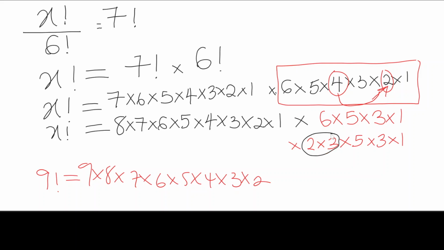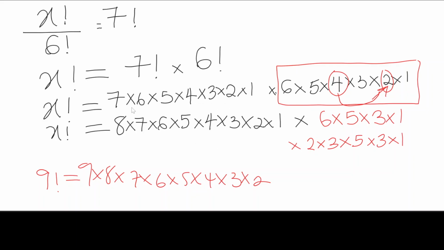So I split 6 into 2 times 3. After splitting, take note of something. We can get 3 times 3 to give us 9. Instead of writing 3 times 3, I'm going to be writing 9, and joining it to this part. So let's quickly do that.